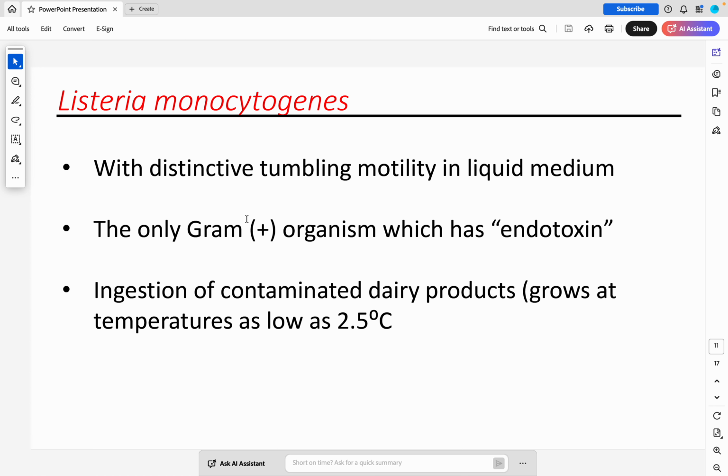The ingestion of contaminated dairy products is associated with infection by this bacterial species. L. monocytogenes is capable of thriving in very low temperatures, even refrigerator temperatures. They can grow in ambient temperatures as low as 2.5 degrees Celsius.